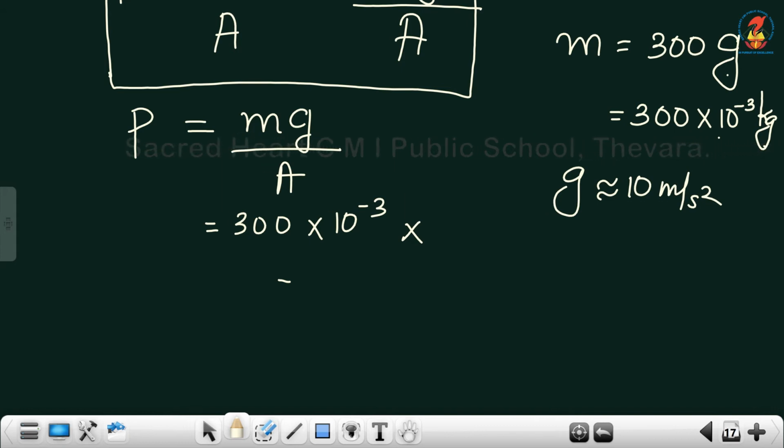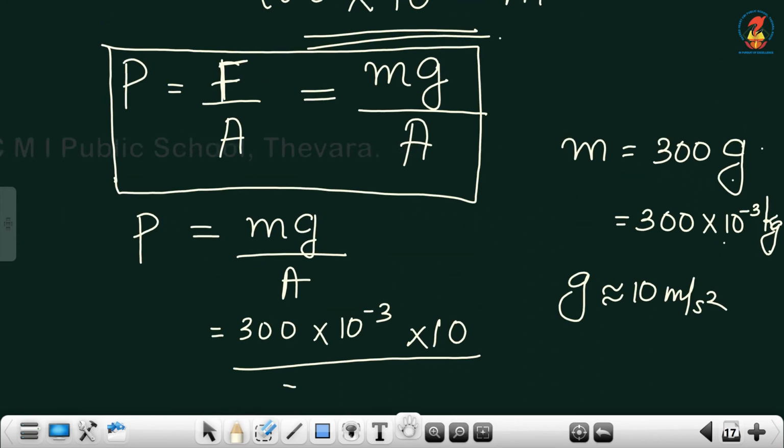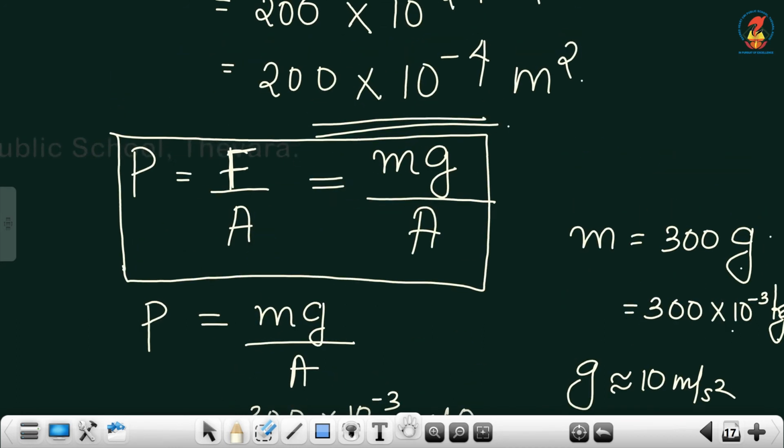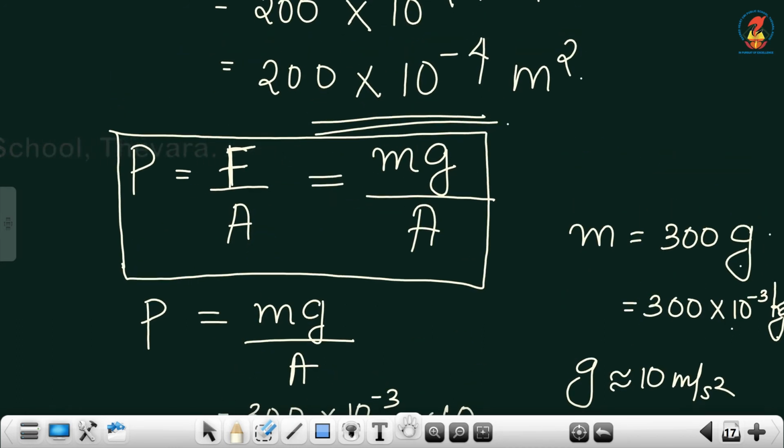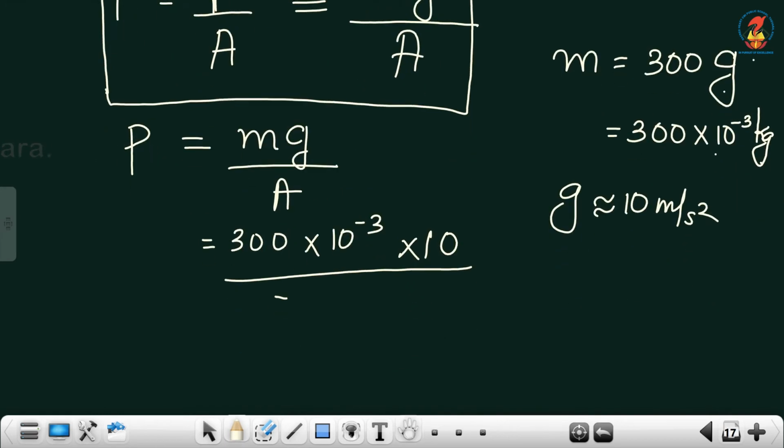So, g is 10, divided by the area of contact. The area of contact of block A, we got as 200 into 10 raised to minus 4 meter square. So, let us substitute the area of contact as 200 into 10 raised to minus 4.